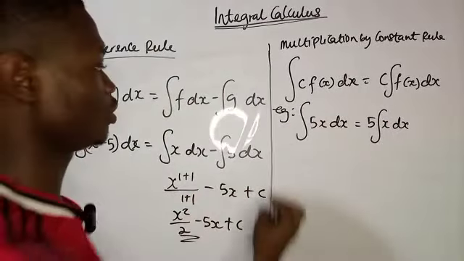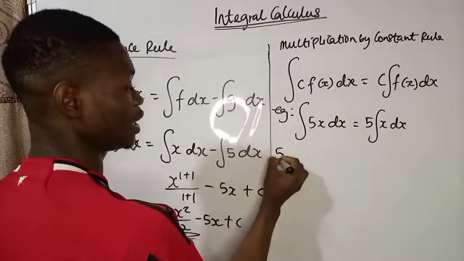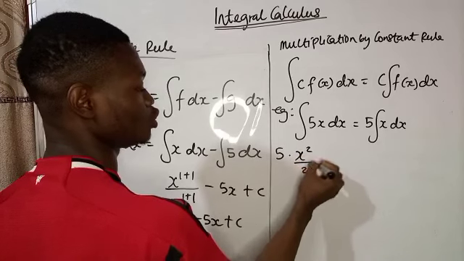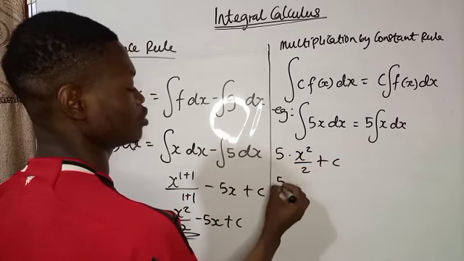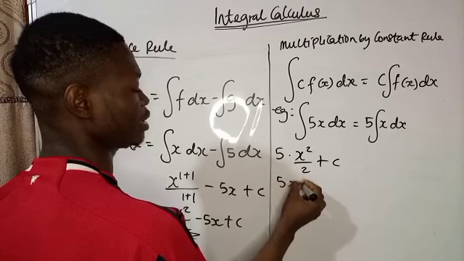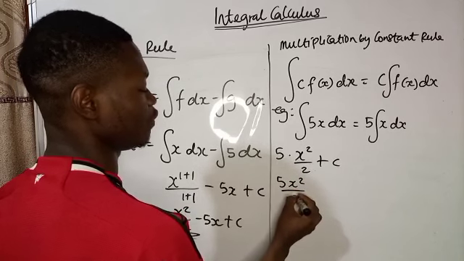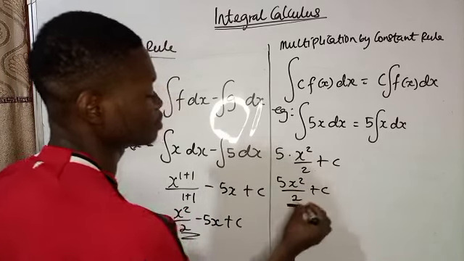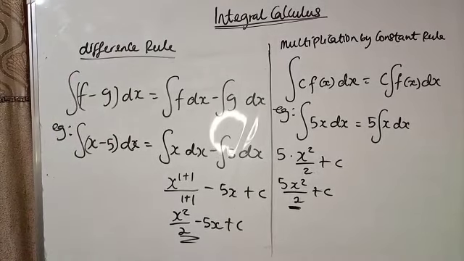This 5 will come out, so we have 5 times x squared all over 2 plus c. So we have 5x squared all over 2 plus c. This is our answer.